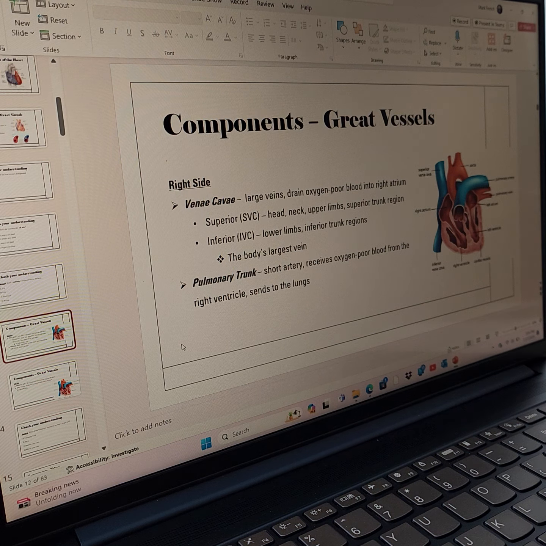The inferior vena cava services lower limbs, inferior trunk regions. This is the body's largest vein, the vena cava. And then also again on the right side is the pulmonary trunk. This is a short artery that receives oxygen-poor blood from the right ventricle and sends it to the lungs.